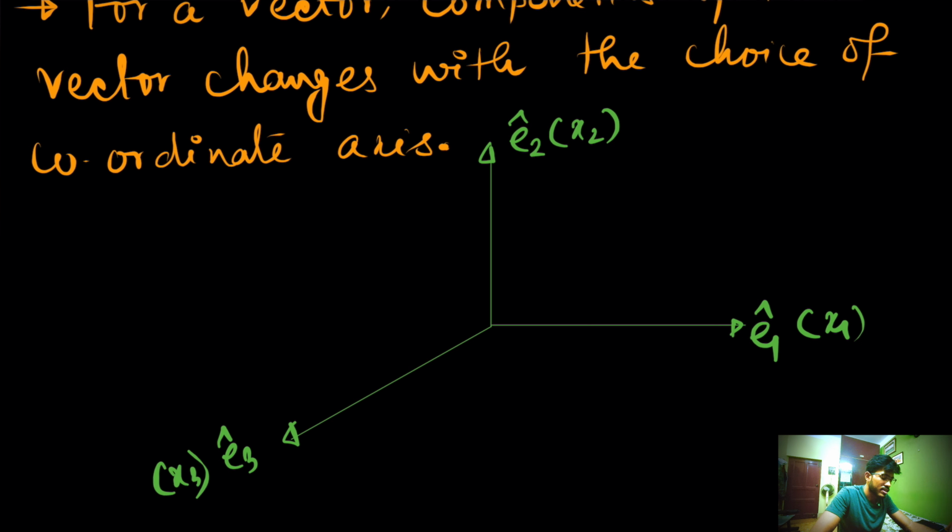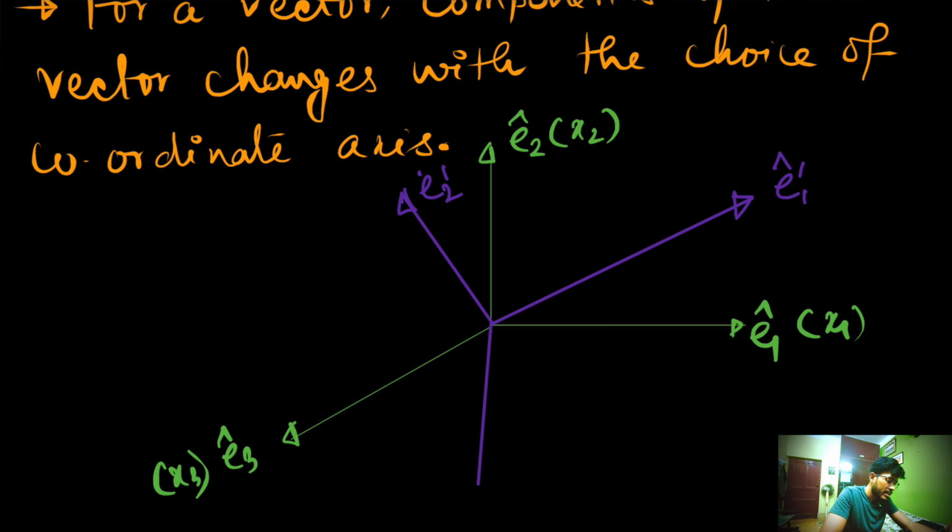If I have a separate coordinate axis like this, now this is E1 dash cap, E2 dash cap and E3 dash cap. So these are x1 dash, x2 dash and x3 dash.